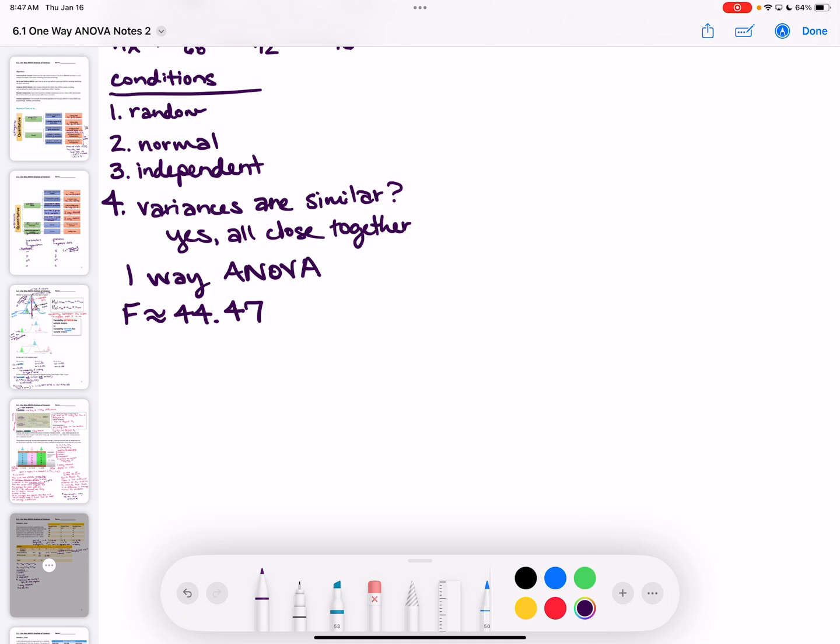Bigger. It's bigger than a ratio of 1, right? So remember, big number means big difference between the means. All right?